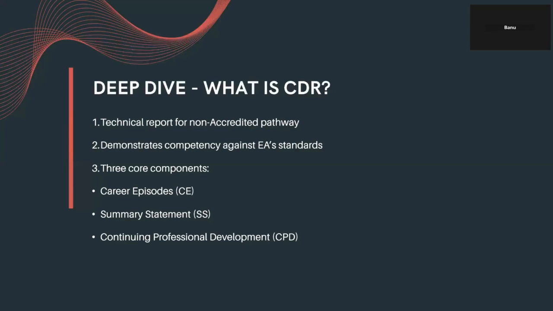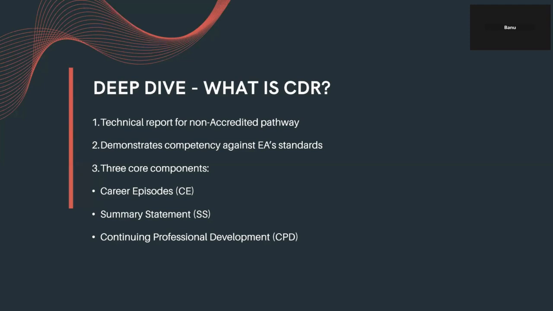So what is CDR? For non-accredited qualifications, CDR is very essential. It is the main part of your application. It's a technical portfolio showing that you meet Engineers Australia standards.